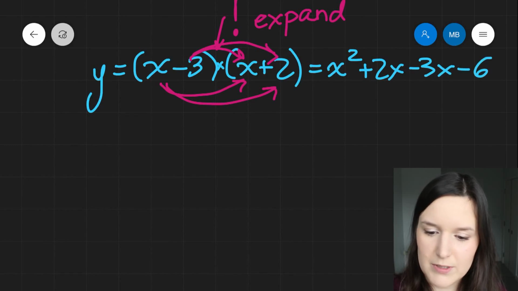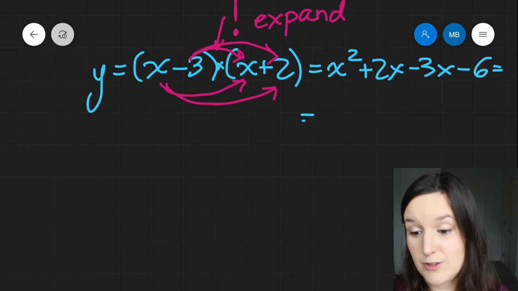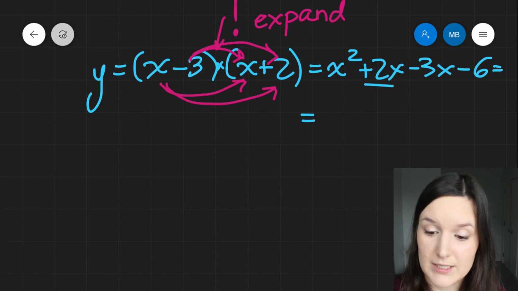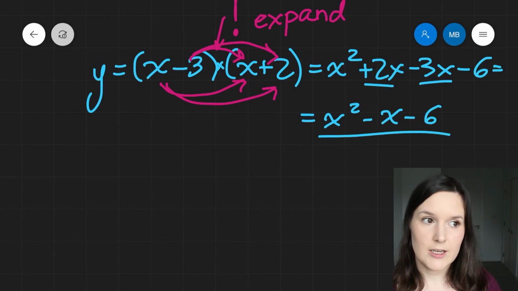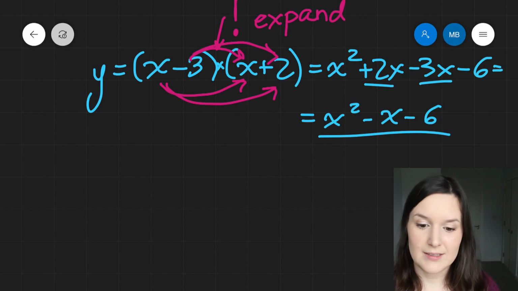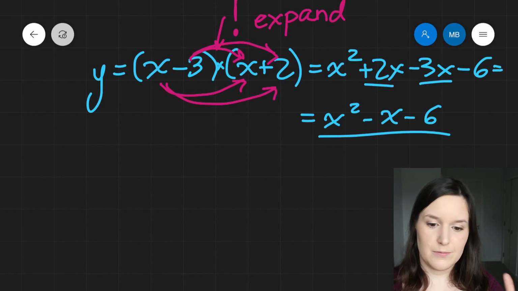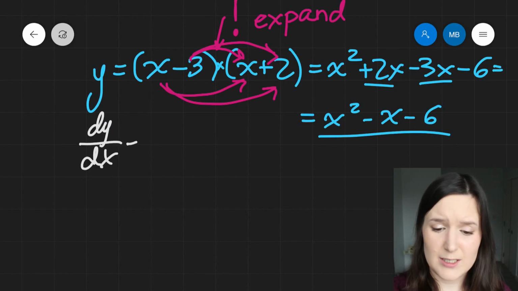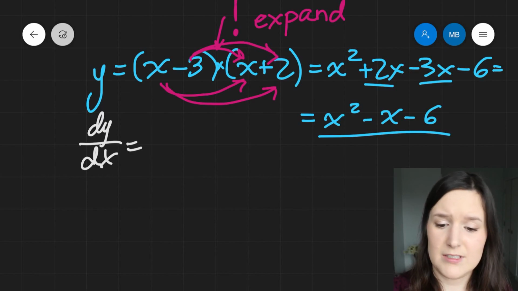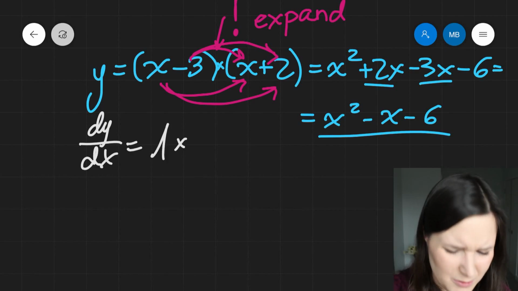I will also simplify it. I can collect like terms. 2x minus 3x is minus x. Okay, that's how you deal with multiplication. You have to get rid of it. You have to expand. You can't write down that the derivative is the derivative of x minus 3 times the derivative of x plus 2.